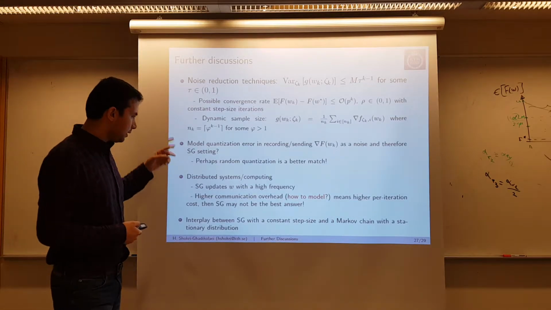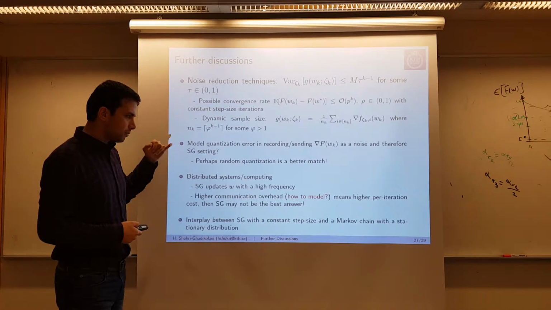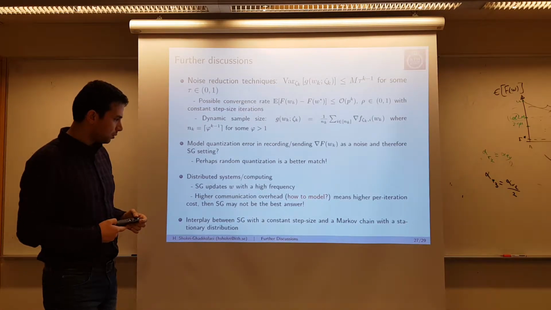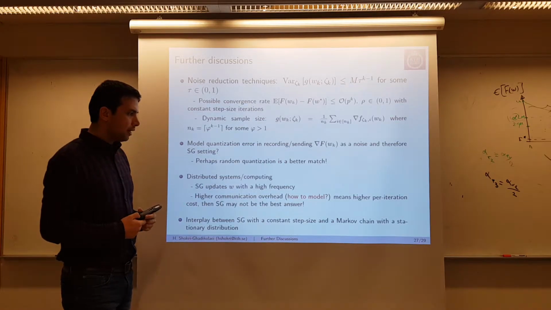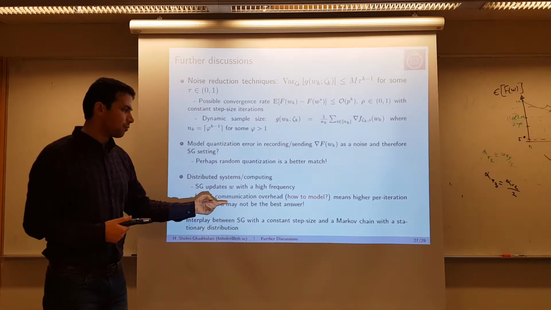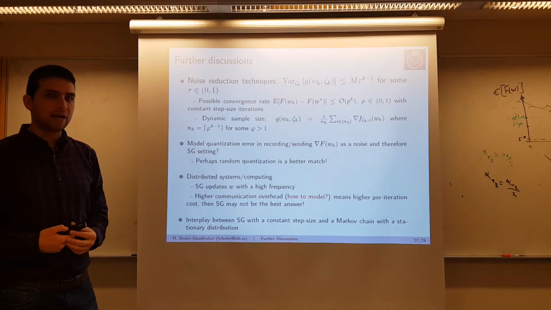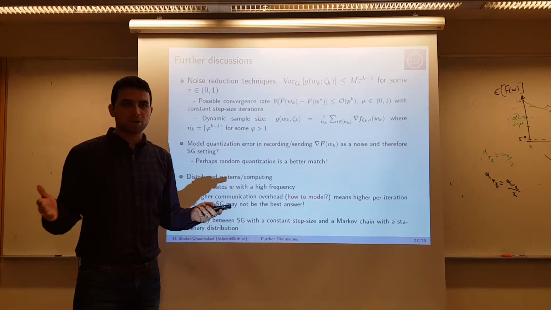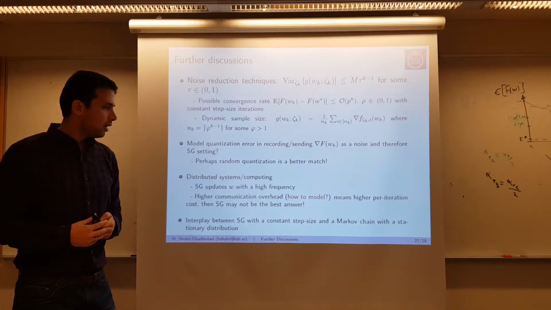The other thing is distributed systems. I talk about that a lot. So we have stochastic gradient updates, W, with a high frequency. What would happen if you have some communication overhead? This is something that we wouldn't have with parallel processing where all the processors are on the same data, in the same center.